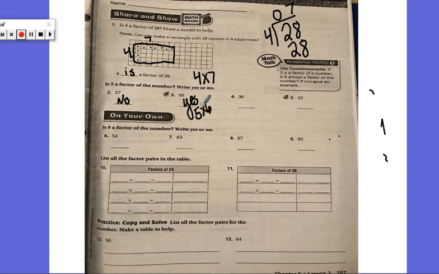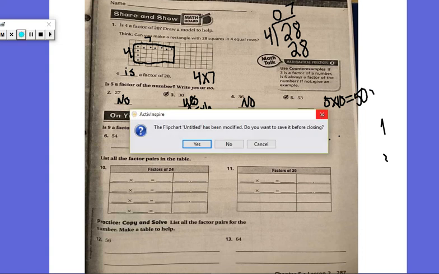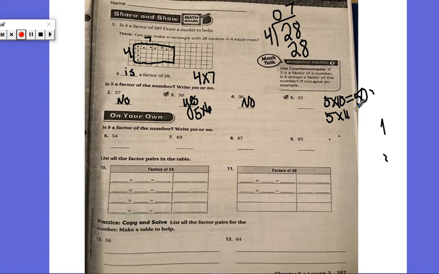For 36, 5 times 6 is 30, so 5 times 7 is 35, and then 5 times 8 is 40, so this one would be a no. And then for 53, 5 times 5 is 25, 5 times 6 is 30, 5 times 7, 35, 5 times 8 is 40, 5 times 9 is 45, and then 5 times 10 is 50, and then 5 times 11 is 55, so no for that one as well.